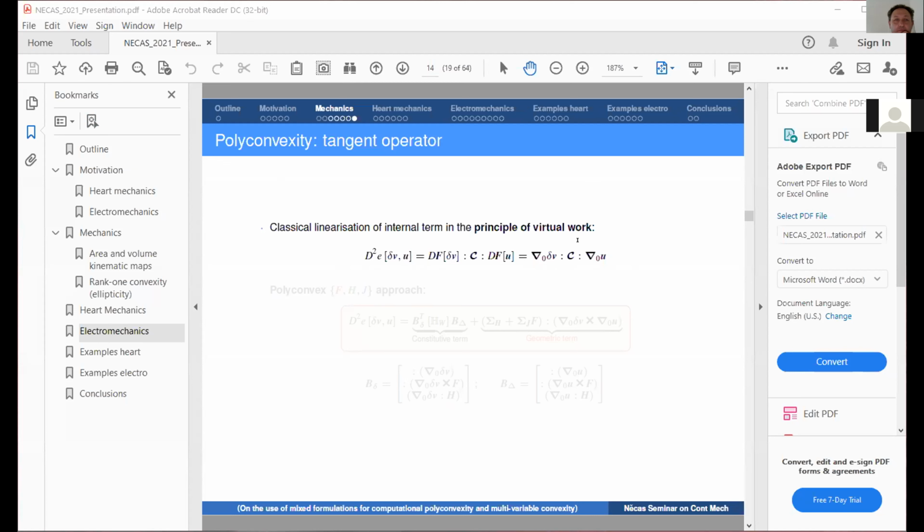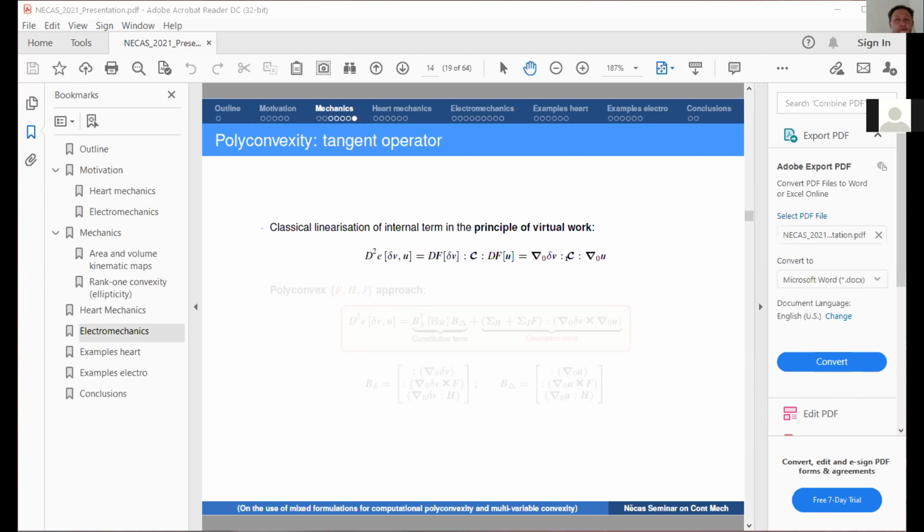Other authors don't go for this approach. They carry out this linearization based on the right Cauchy-Green tensor and the second Piola-Kirchhoff stress, and then again they obtain a constitutive term and a geometric term.